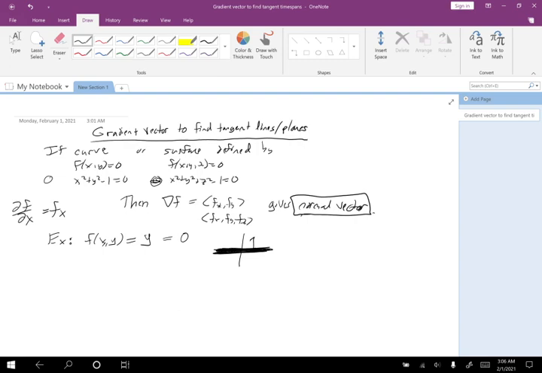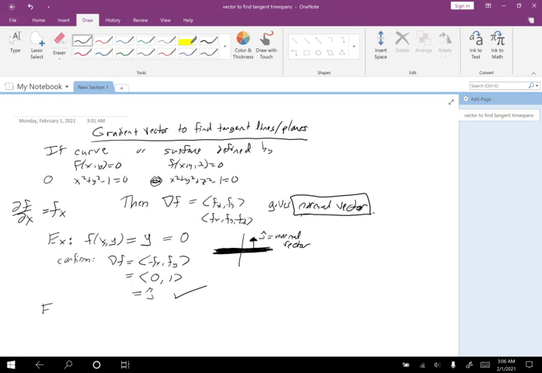Our normal vectors should simply point in the y direction. j is the normal vector at each point. So let's confirm that the gradient gives us the right answer. The gradient is fx, fy, and this will of course be 0, 1. So that's j. So we get the right answer for the normal vector.